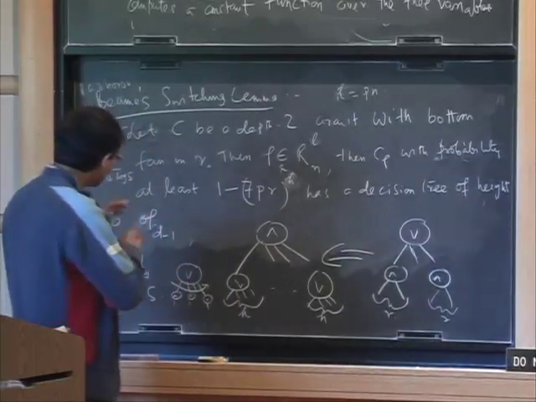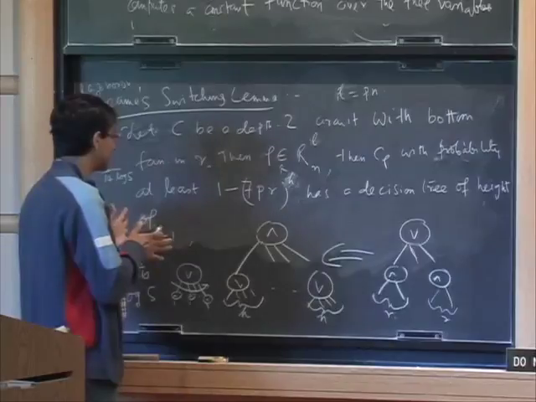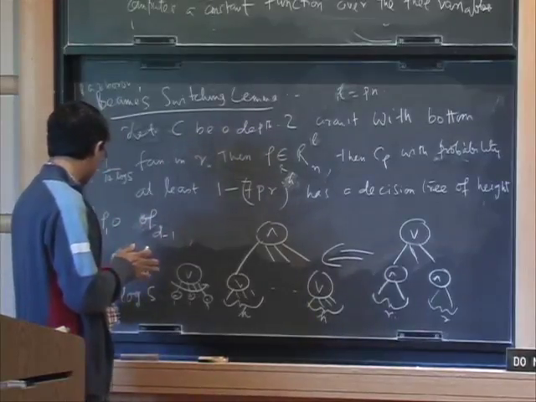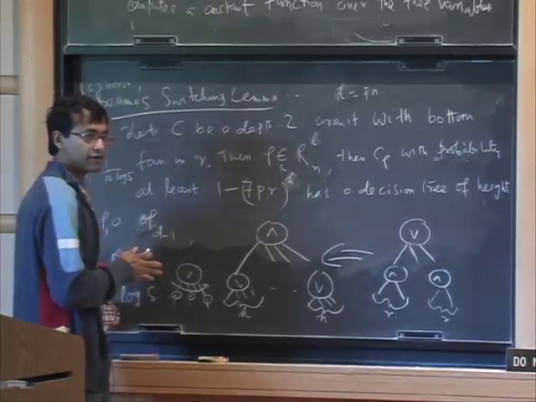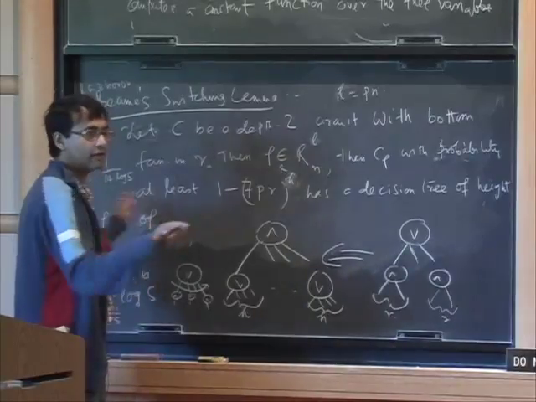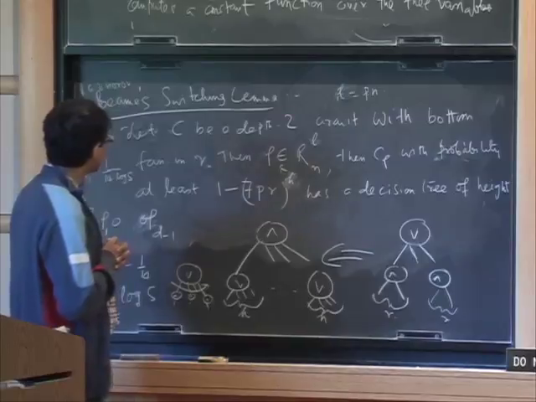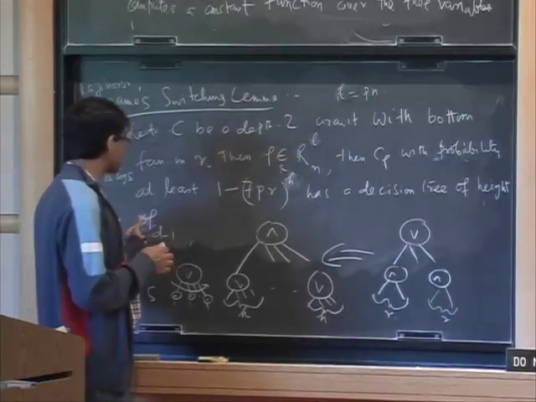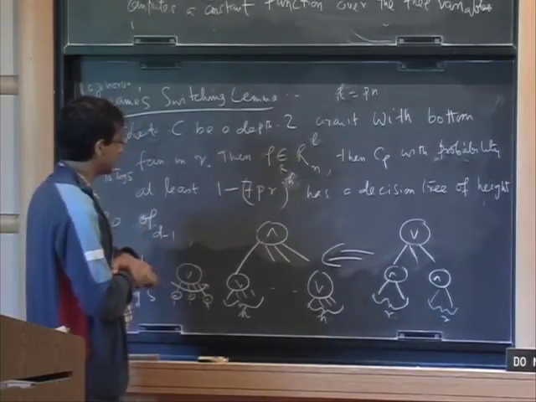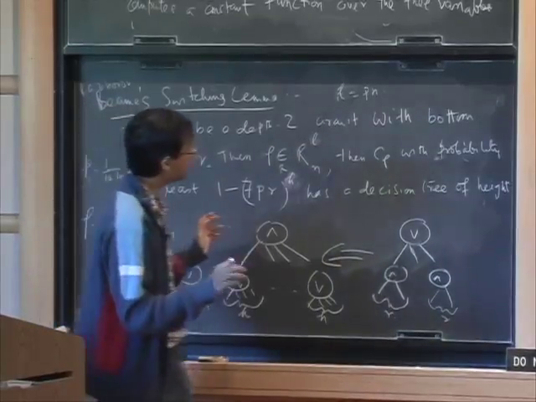So at each layer, for each subcircuit, I fail with probability at most, in fact less than, 1 over s, and I have s gates at any layer, right? So I keep succeeding. And so the end result of this restriction is a decision tree of height log of s, and then the number of free variables.